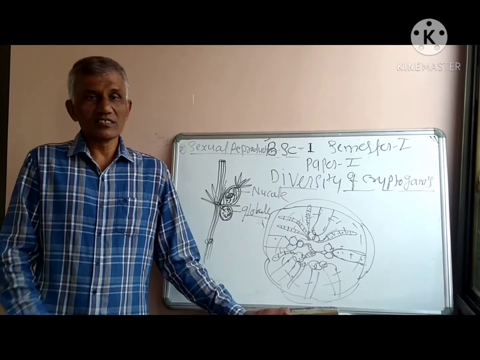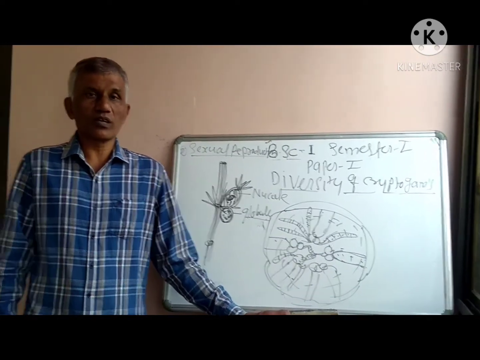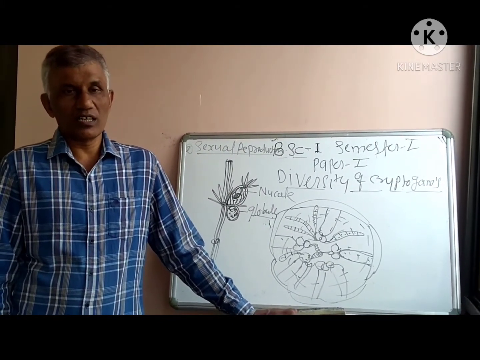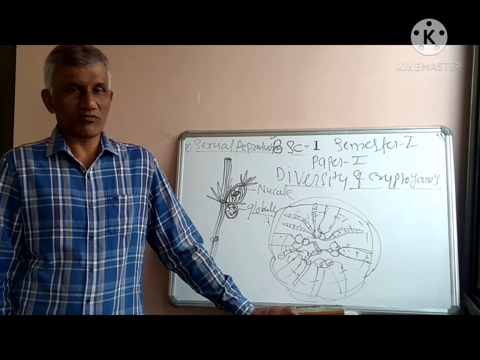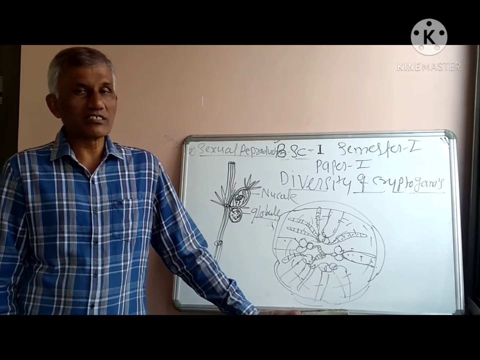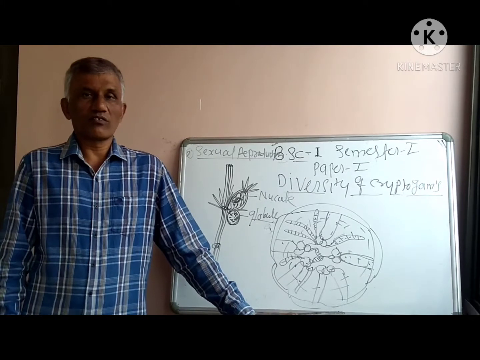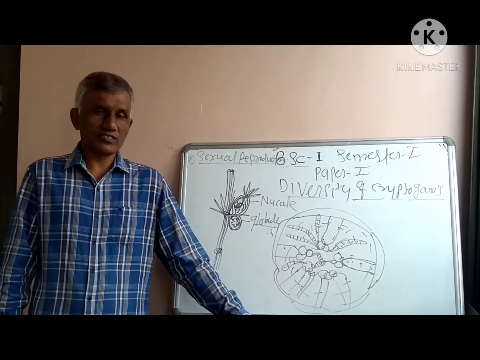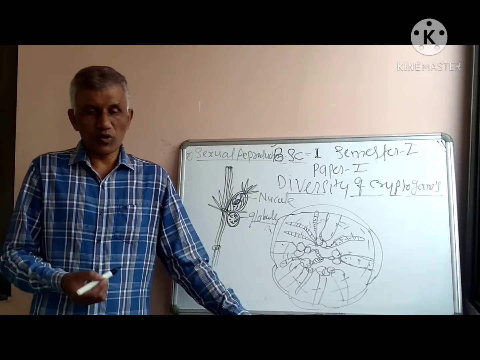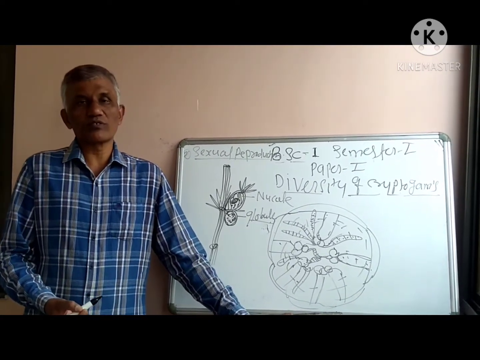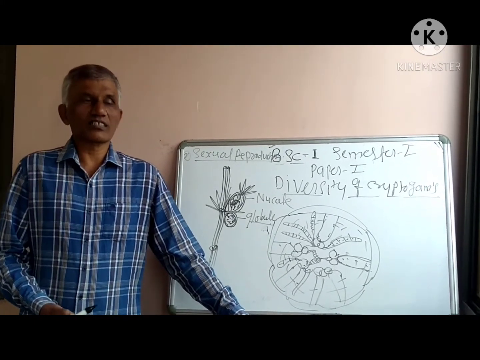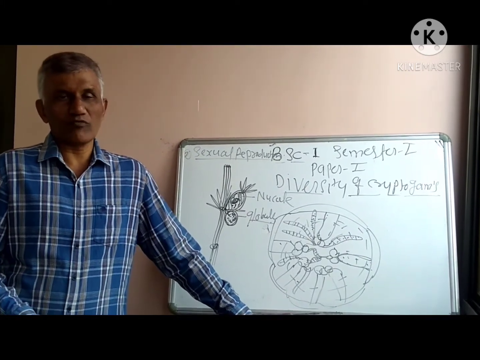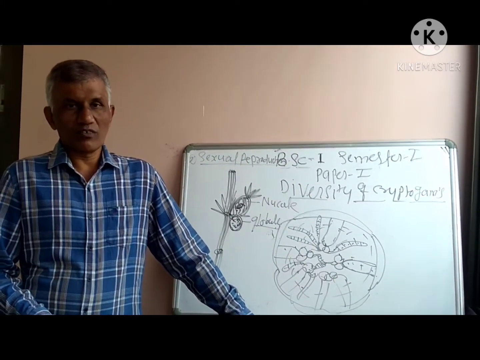There are again certain spherical, round bodies formed on the rhizoids of Chara. When the conditions are favorable, such bodies are formed, and they are known as bulbils. When they detach from the parental plants, a new Chara plant forms. Then another, a small filamentous outgrowth is produced, and that outgrowth is known as protonema. So protonema is also a vegetative reproductive body.